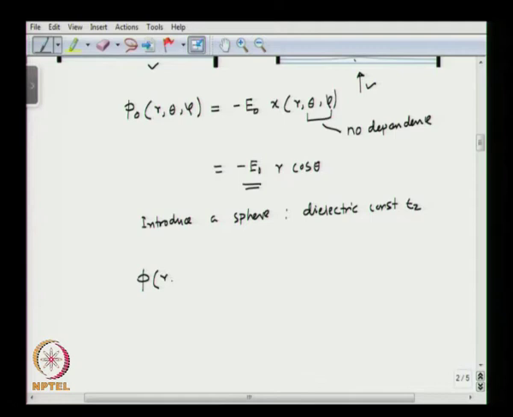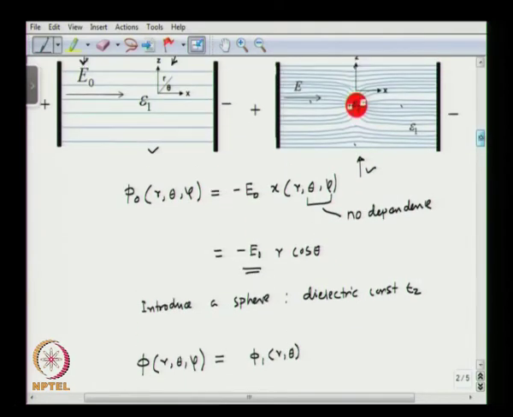So let us say phi of r, theta, psi is phi 1 of r, theta. Here we are talking about a sphere in a uniform electric field, so there is no azimuthal dependence; there is no variation along psi.